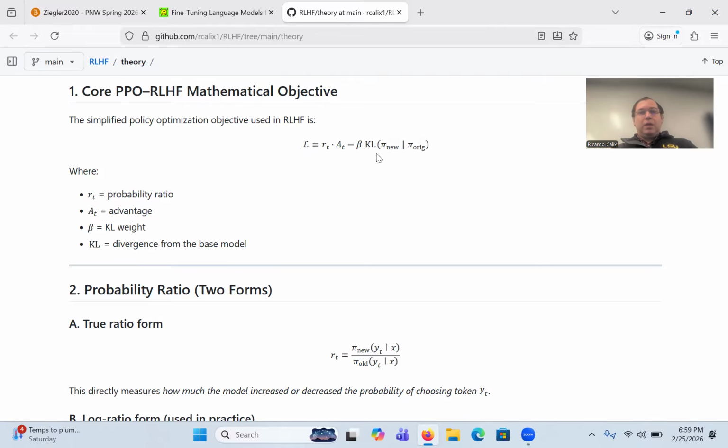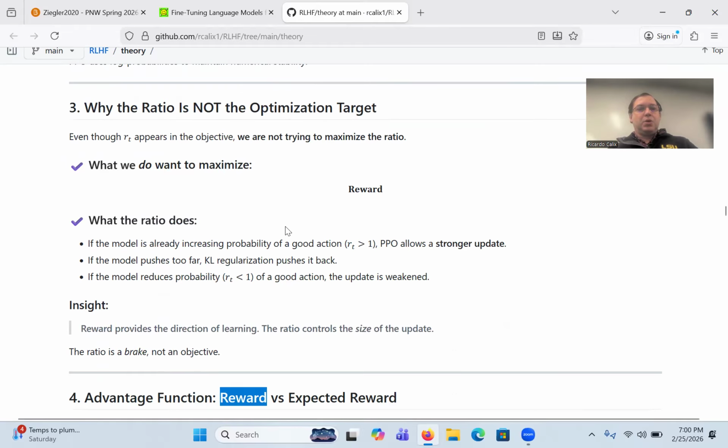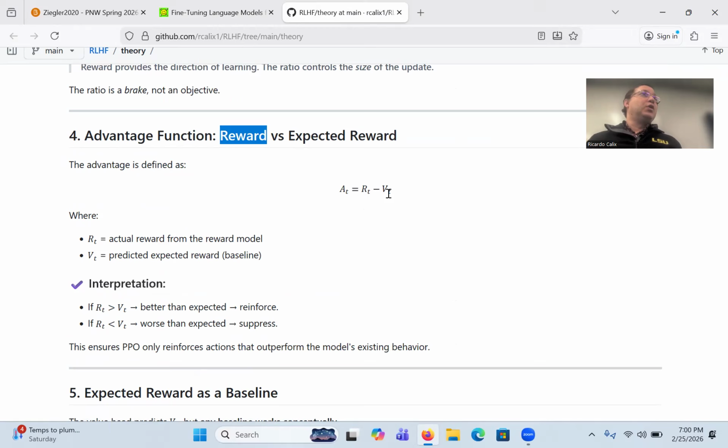Okay, so let's take a look at the reward. The advantage is defined as A equals RT minus VT. This is called the value function. This could be another neural network, by the way. That's one approach: you could have the GPT have another head, which could give you yet another probability.